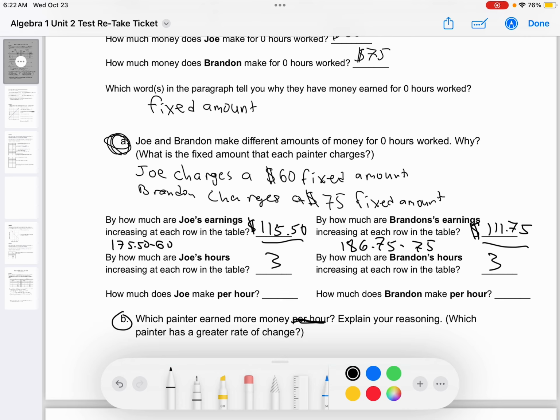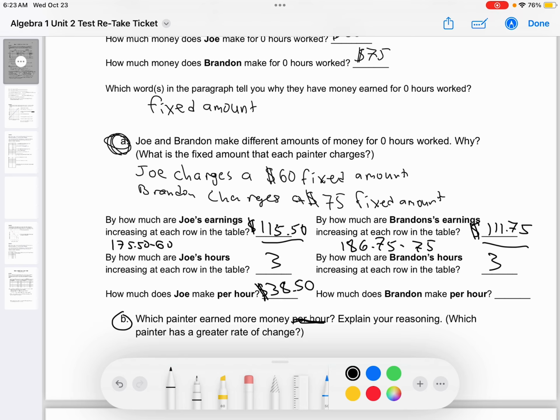So if Joe earns $115.50 in 3 hours, we can divide 115.5 divided by 3, and that would tell me that he makes $38.50 for 1 hour.